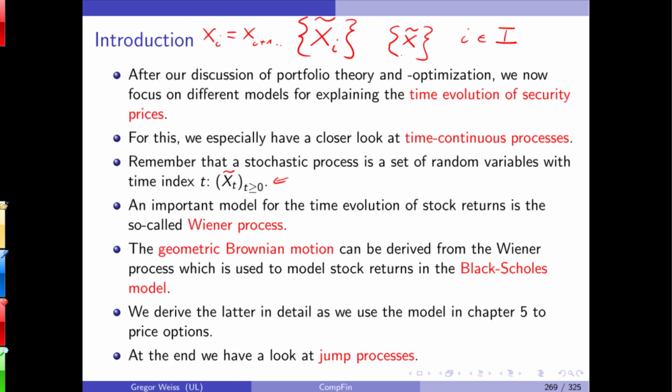And the Black-Scholes-Merton model won a Nobel Prize a couple of decades ago. And it's one of the most famous models we have in all of finance. And we'll later derive this model in detail for option pricing, and then we'll look at jump processes.